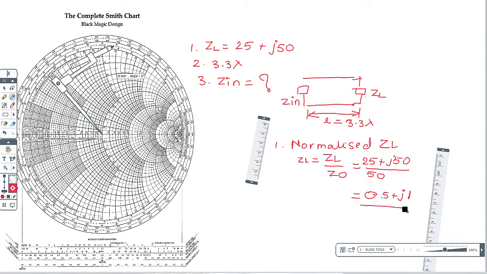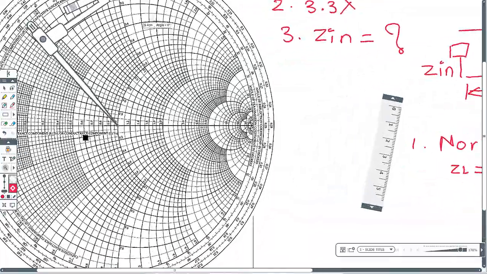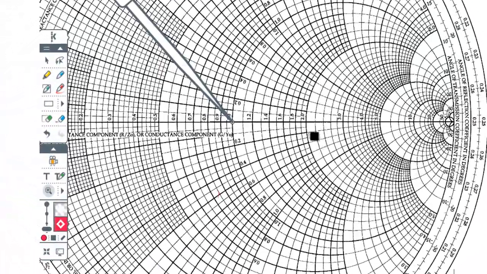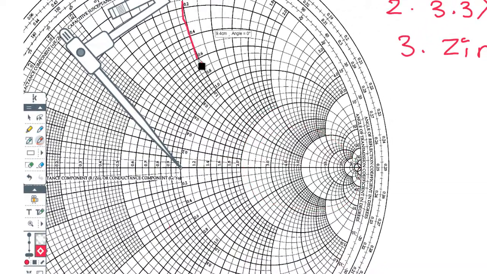So this impedance we have to plot here. We know that these circles are resistance circles, these are inductive reactance circles, and this is capacitive reactance.